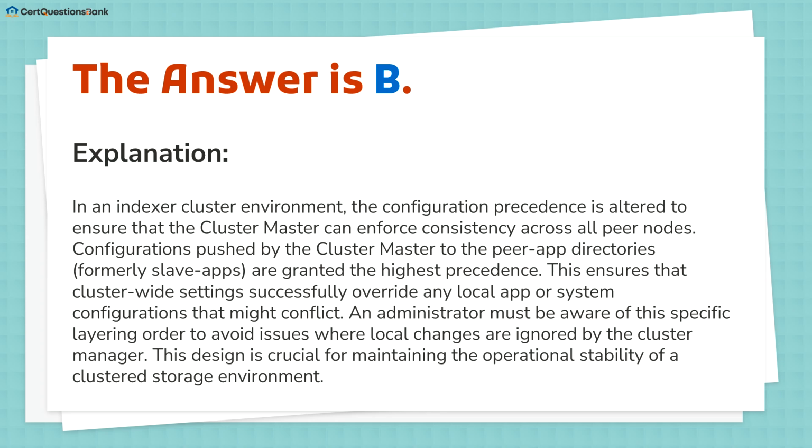This ensures that cluster-wide settings successfully override any local app or system configurations that might conflict. An administrator must be aware of this specific layering order to avoid issues where local changes are ignored by the cluster manager. This design is crucial for maintaining the operational stability of a clustered storage environment.